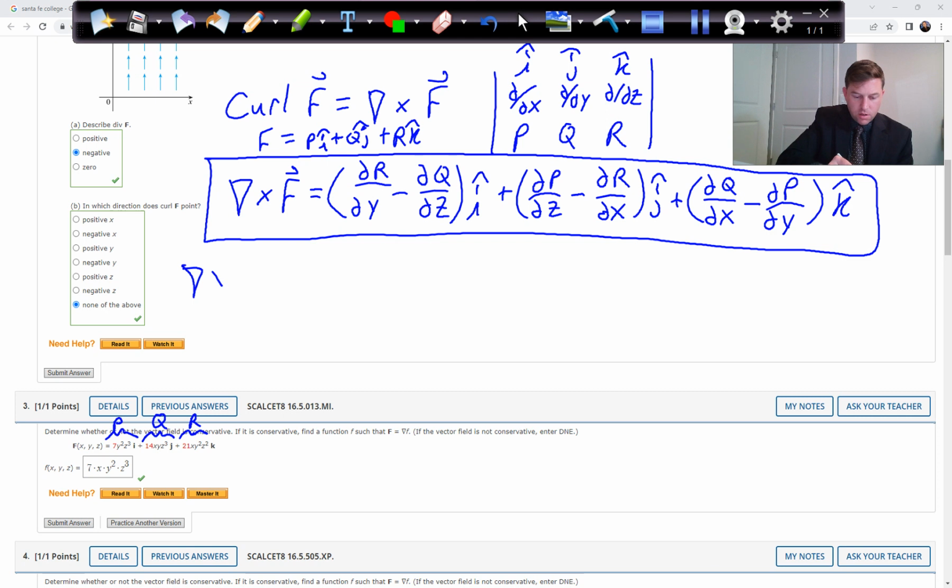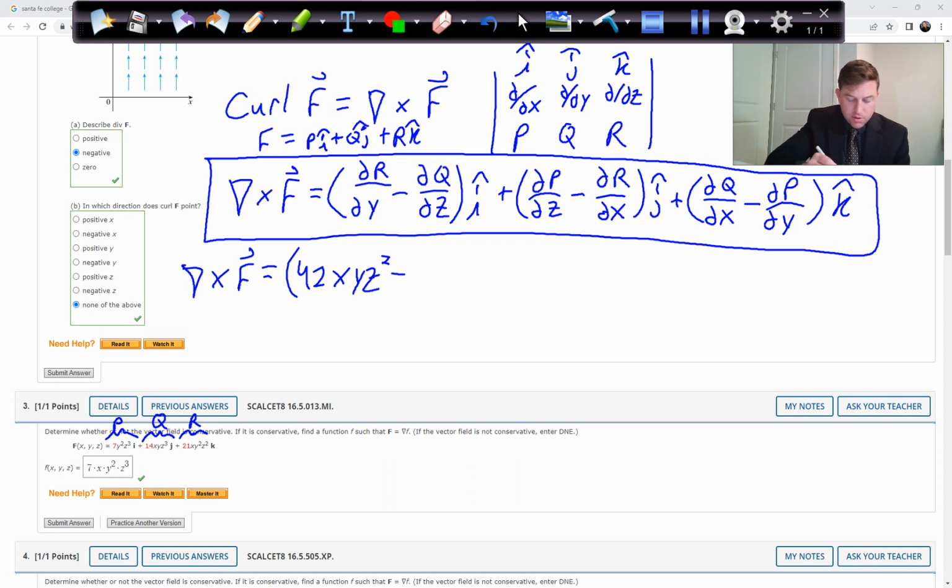So the curl of F would be equal to dR/dy. The partial derivative of R with respect to y would be 42xyz squared. We just bring that 2 down on the y in front and then subtract 1 from it. That's the first term. Minus dQ/dz, the derivative of Q with respect to z.